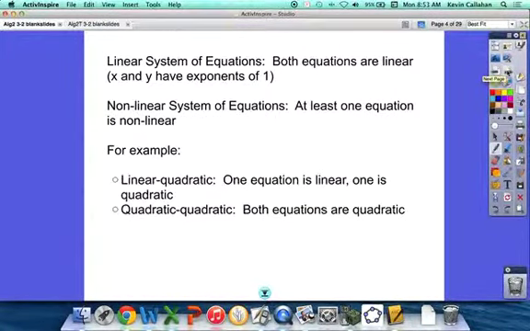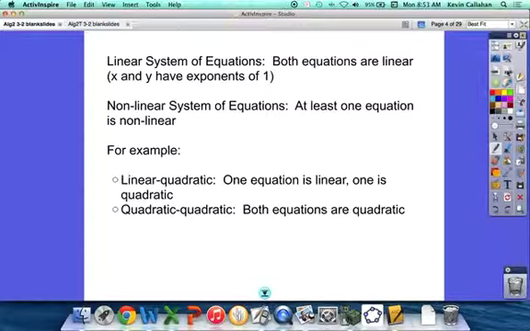Okay, linear systems of equations mean both lines are linear, right? How do you know when an equation represents linear? It means both the x and the y are to the first power. The exponents are 1, which generally means you don't see an exponent. The whole system is considered to be nonlinear if one of those equations is nonlinear.